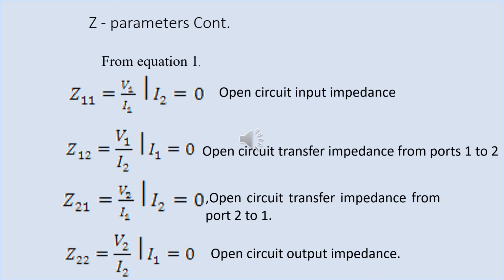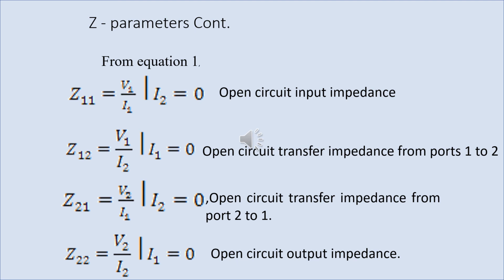Our Z12 will be V1 over I2 when our I1 is equal to 0, and that is also called open circuit transfer impedance from port 1 to 2. And our Z21 will be V2 over I1 when our I2 is equal to 0, and that is called open circuit transfer impedance from port 2 to 1.